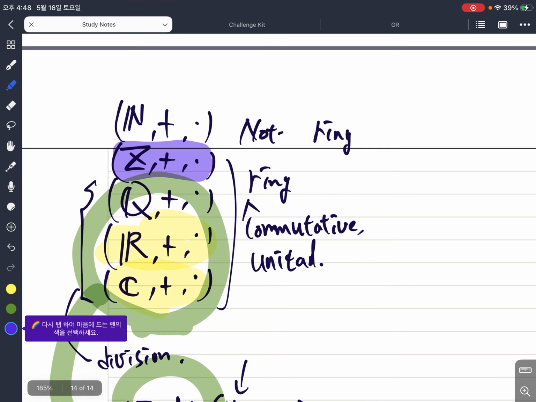Next time, I'll explain what a vector space is. But there is a generalization of vector space called a module. The difference is that for a vector space you need a field, but for a module you need a ring, so it is a less restricted concept.